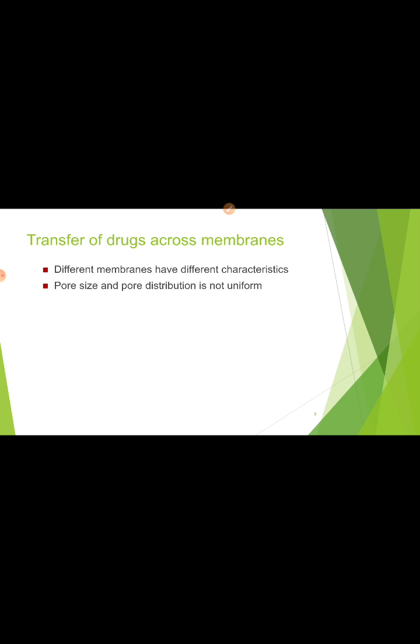So transfer of drug across membranes depends on different membranes having different characteristics. They also depend on the pore size and pore distribution, which is not uniform throughout the body. So transfer across the cell membrane is different in different tissues. It is different in liver, it is different in brain, it is different in uterus or different organs.